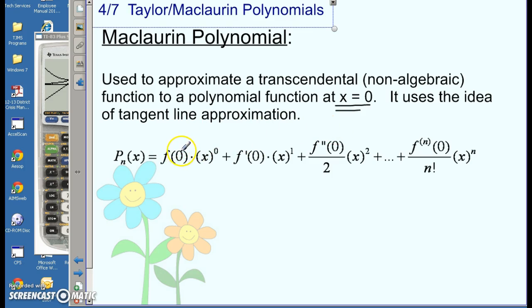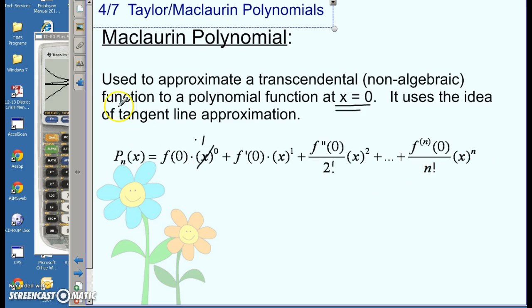F evaluated at 0 times x to the 0th, we know that's 1 times whatever our coefficient is here, plus f prime of 0 times x to the first, plus f double prime of 0 times x squared over 2 factorial. The general term pattern is f to the nth derivative of 0, because that's where we're centering it, over n factorial times x to the nth power.